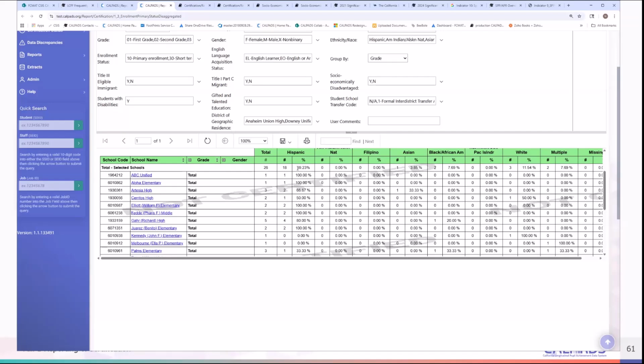But these are small populations, so they're going to be a little bit dramatized, but this is just a test. We're not going to try to simulate the entire population of California. But when you're looking at percentages, we'll go back and you'll see Saraceno High right here. 50% of the Hispanic population is a student with disability, right?